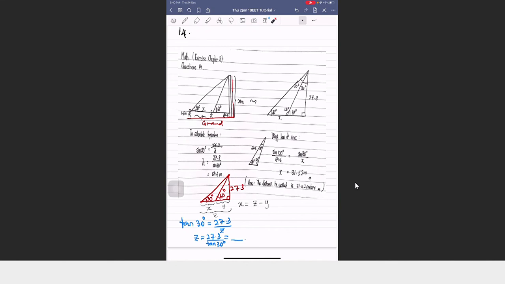Tangent 60 degrees equals 27.3 over Y. So Y equals 27.3 over tangent 60. Then finally, X equals Z minus Y. So then you just subtract.